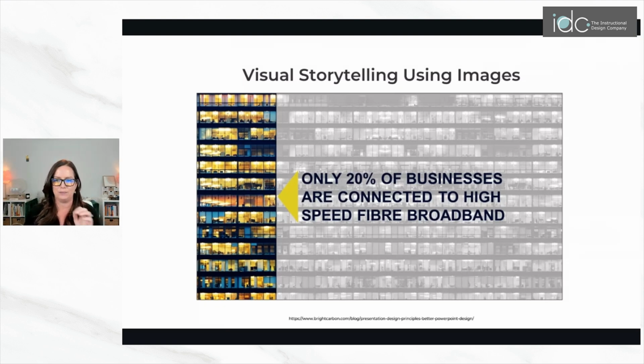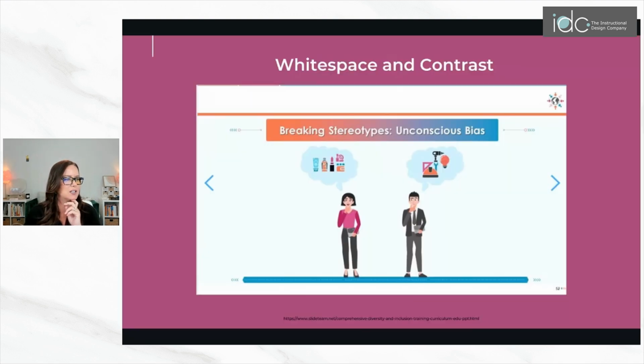This is an example. All right, so now let's look at white space and contrast. Here you can see that there is a lot of white space on the screen. This came from a slidestream.net example, and the person that created this used a lot of white space. And then look at the title. It says Breaking Stereotypes, Unconscious Bias. Now look at the little call out bubble for the woman.